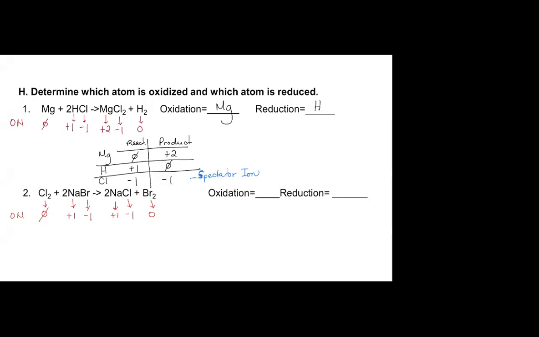Excellent. So we're going to make our table. We have chlorine. We have sodium. We have bromine. We need to know what happened to the oxidation number in the reactants versus what happened in the products.